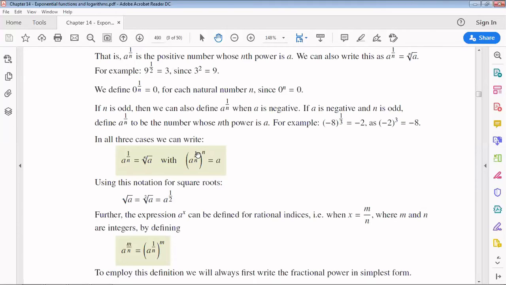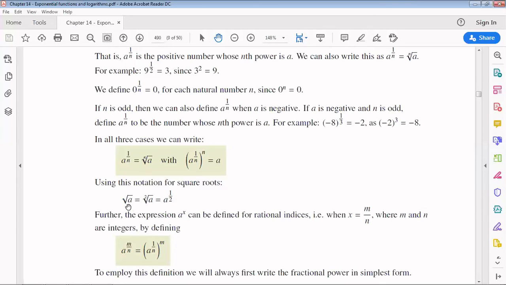As 1 over n has the reciprocal n by 1, as we learned yesterday, power is multiplied with power. So 1 over n will be multiplied with n, and n will cancel out, we will get only a. So when we solve any fractional indices, this is the method: take the power of the reciprocal of this fraction.